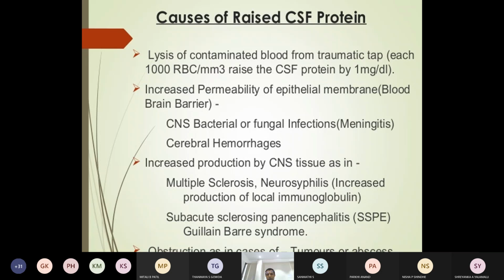Increased permeability of the epithelial membrane, CNS bacterial and fungal infections, cerebral hemorrhages, and increased production by CNS tissue, as in multiple sclerosis.